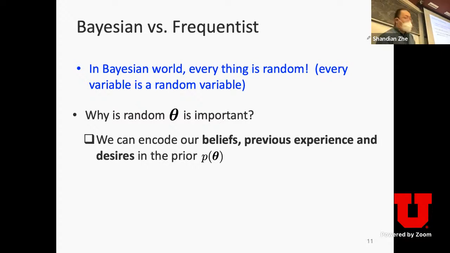The first benefit is that we can encode our beliefs, previous experience, and desires in the prior P of theta. This is quite important, especially in artificial intelligence, as we discussed in our very first lecture.